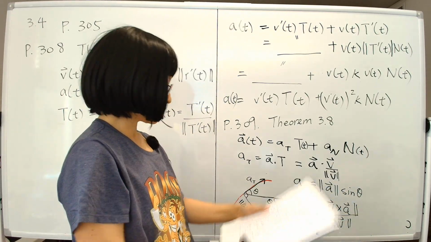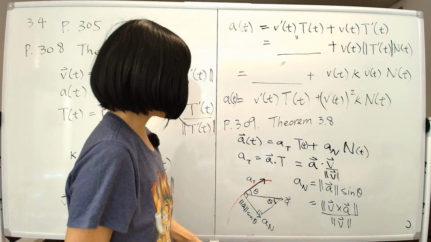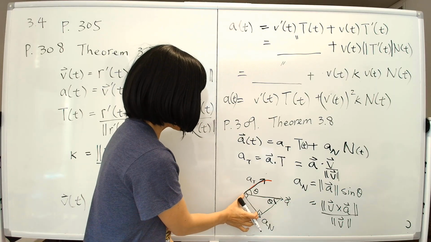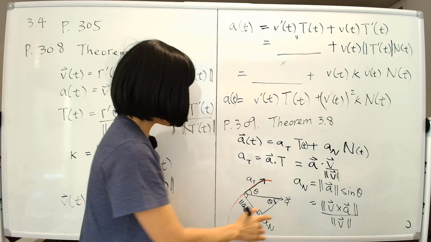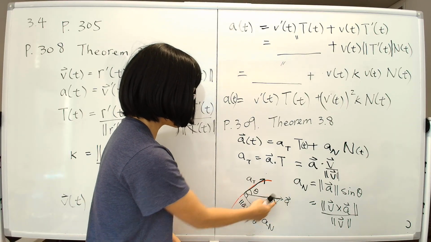Another way of doing it is we just look at the triangle again and calculate AN by the Pythagoras theorem. We're trying to figure out the length of this, and if we already know how long A is, and also how long AT is, we'll just use the Pythagoras theorem, right angle.